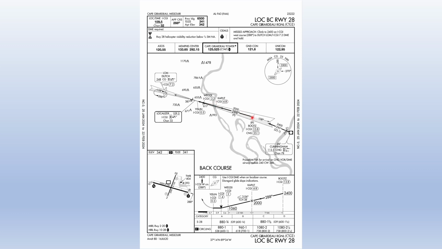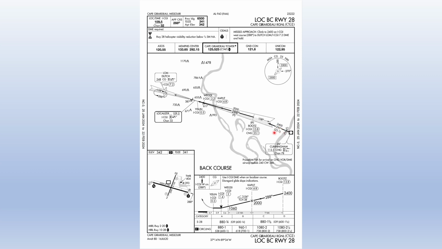And then we have Boots intersection, which is where we intercept the localizer. Out here we have Cunningham VOR, which is the initial approach fix that we're going to use, and has all the information about that VOR. And then it shows that if we hit this VOR, we can track the 290-degree radial outbound.